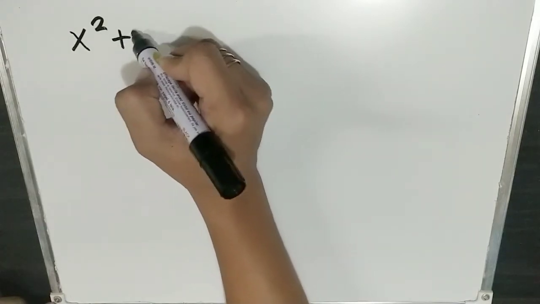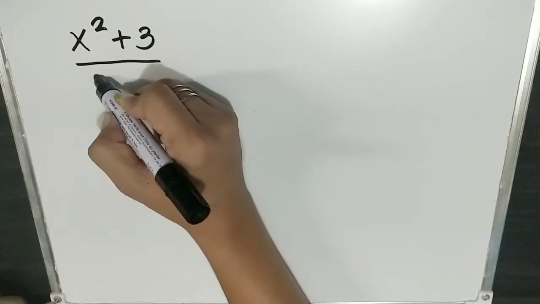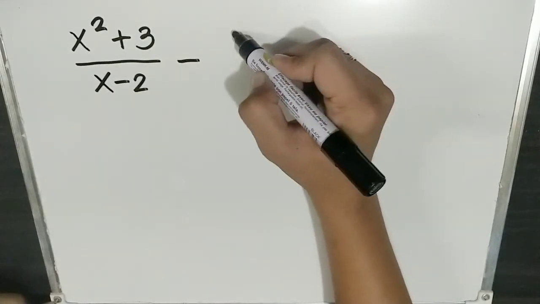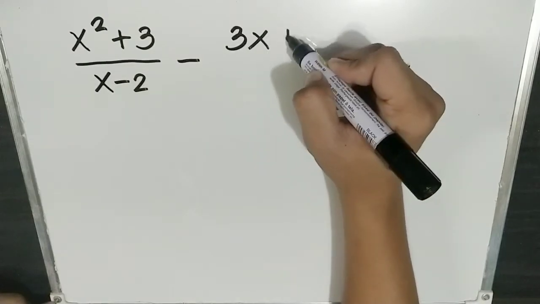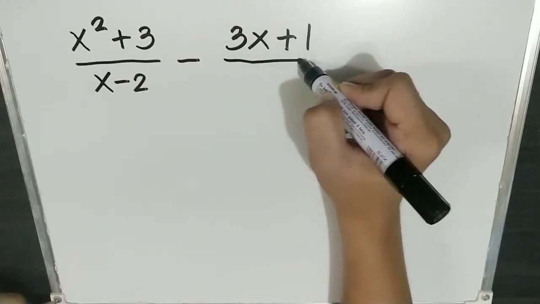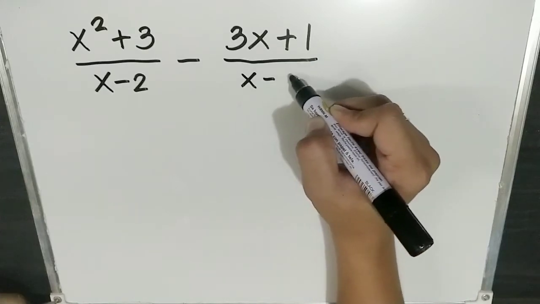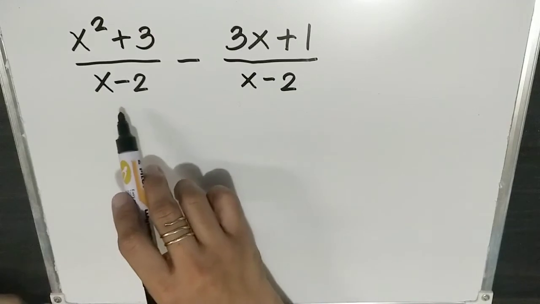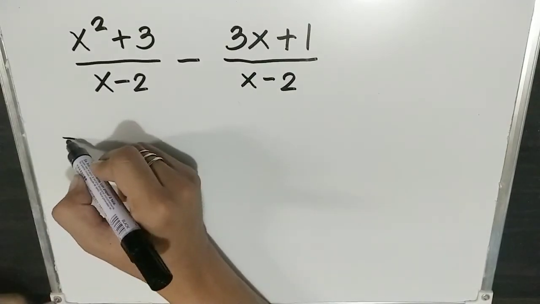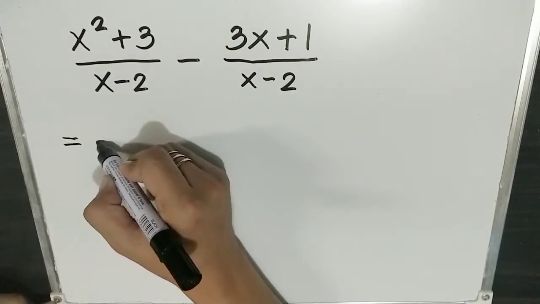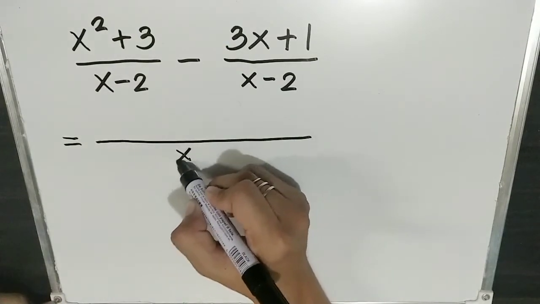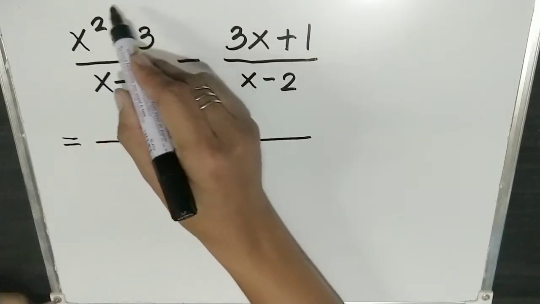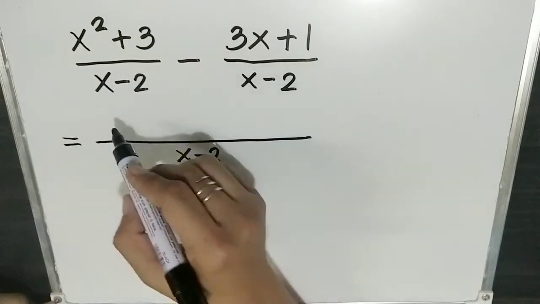We have x squared plus 3 all over x minus 2 minus 3x plus 1 all over x minus 2. Alright, so again, we still have the same denominators, so we will just copy x minus 2. And then we will just subtract the expressions in the numerators.